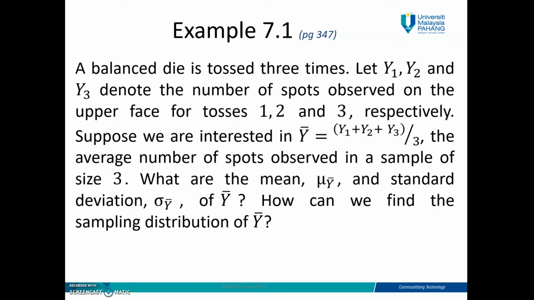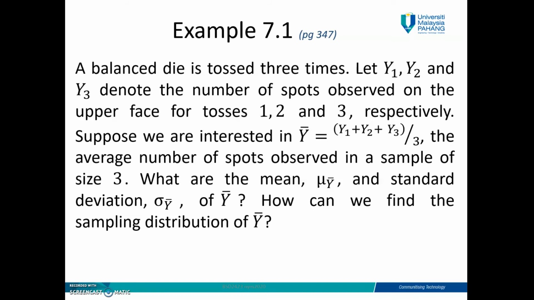That means y1 is for the first toss, y2 is the second toss, and y3 is the third toss. Suppose we are interested in y bar, which is the mean of the sample. So we have y1 plus y2 plus y3 divided by 3 because we have 3 tosses, the average number of spots observed in a sample of size 3.